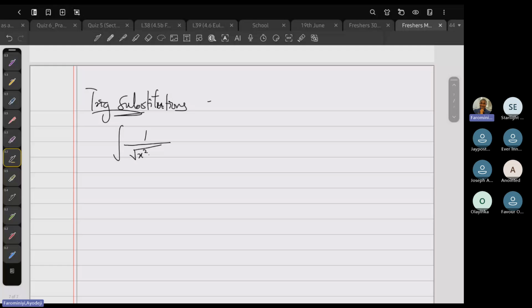Because some are more difficult than the others. So which one should I bring first? Yeah, let's do a squared minus x squared first.